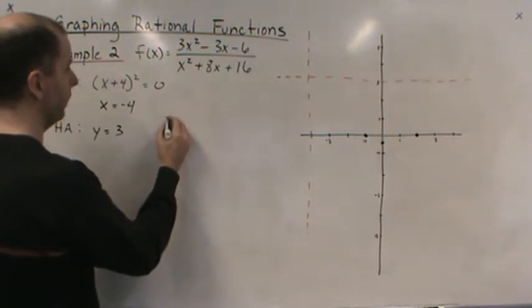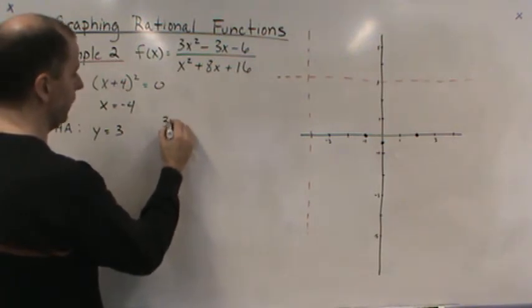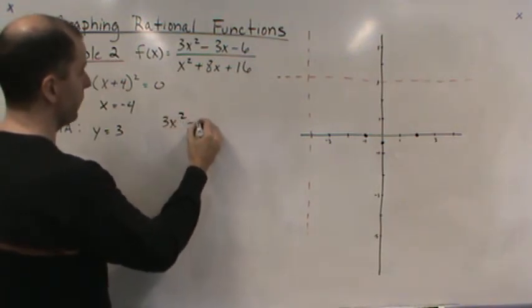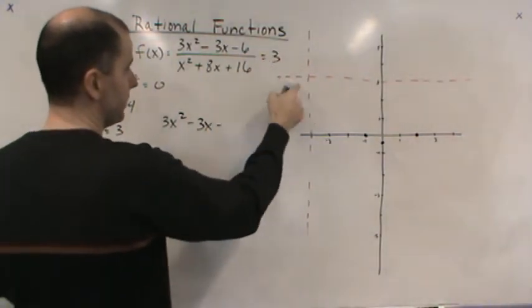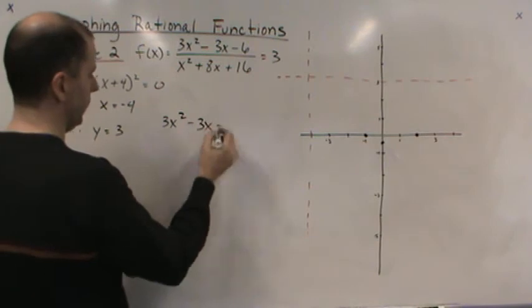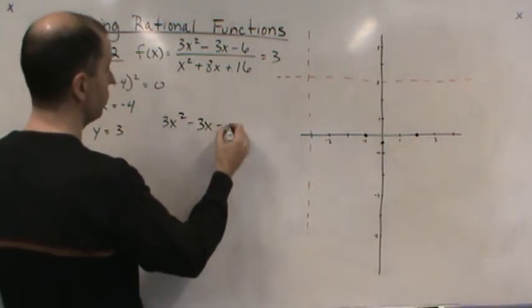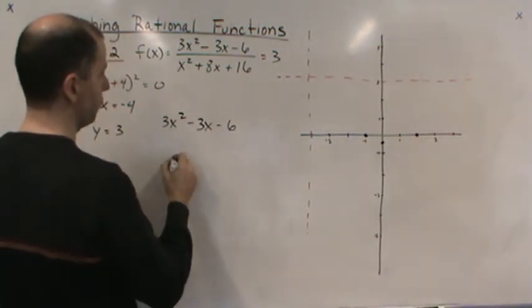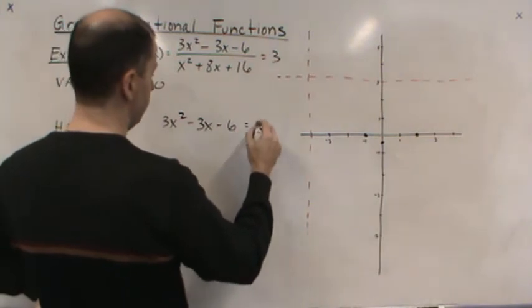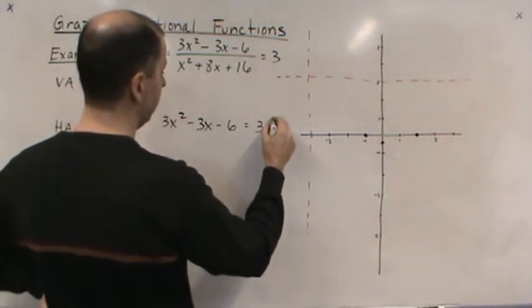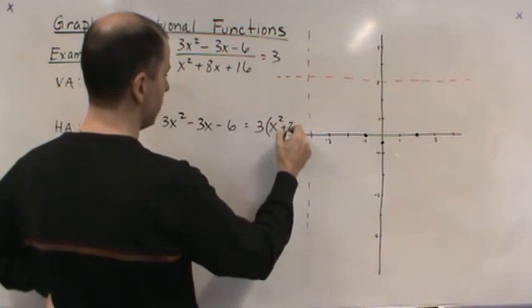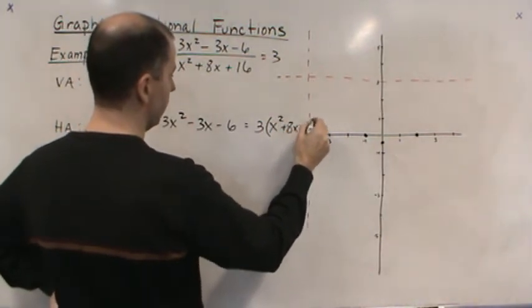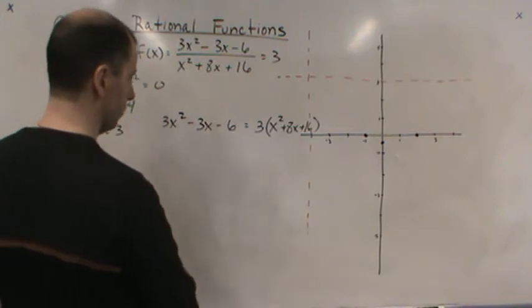this equal to 3. So we're going to get 3x squared minus 3x minus 6 is equal to 3 times x squared plus 8x plus 16.